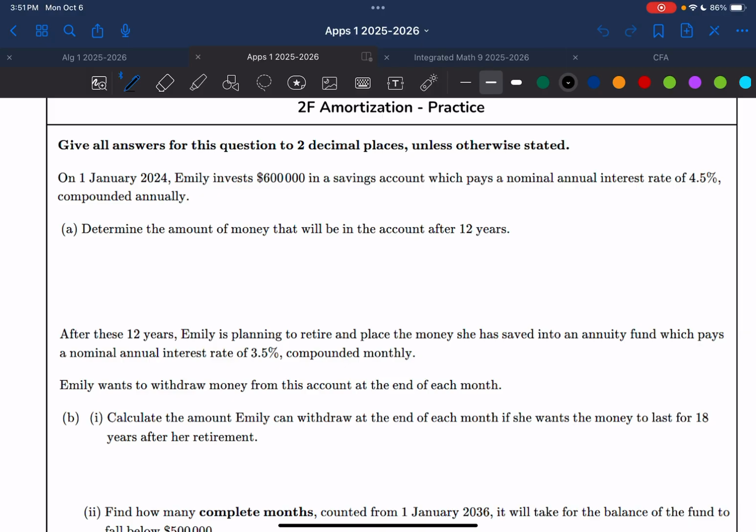You do whatever is most familiar to you. For our present value, we have 600,000. Our interest rate is 4.5%. Our K is just 1, right? Compounded annually. And our N is going to be 12 here.